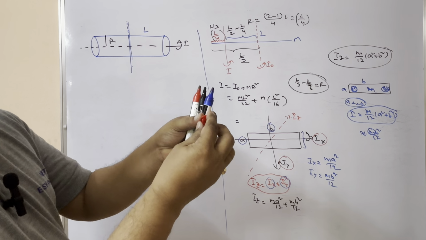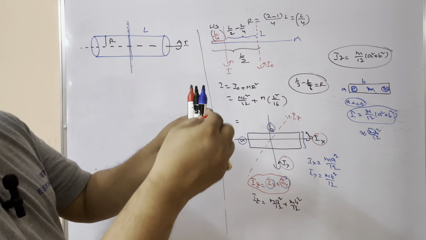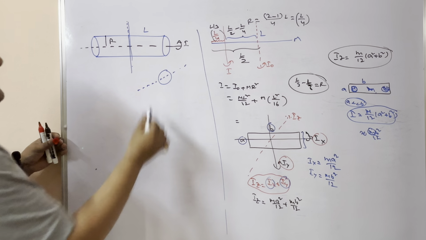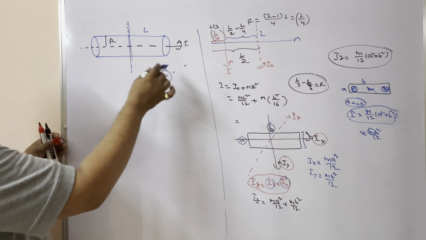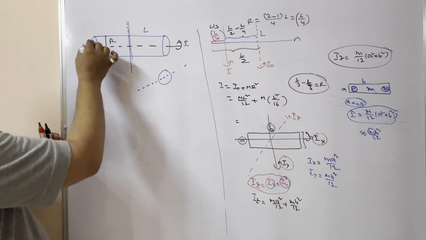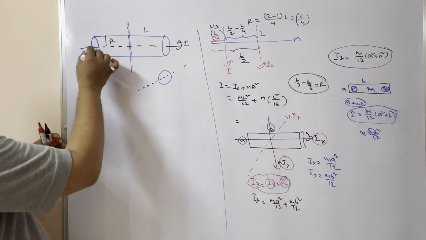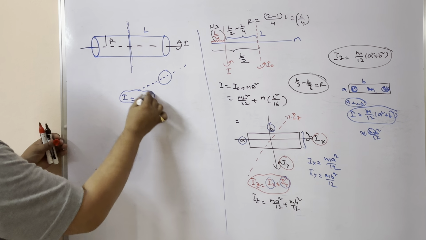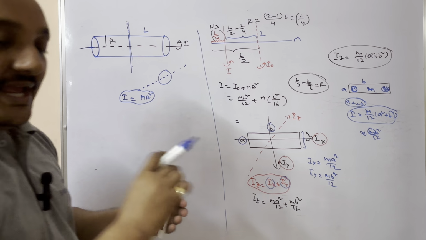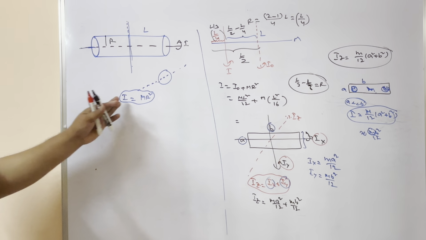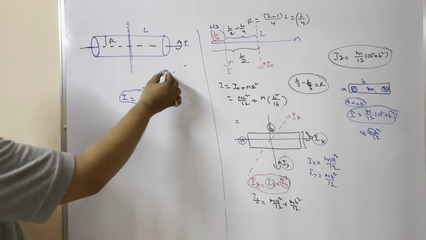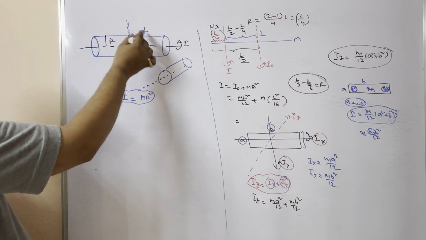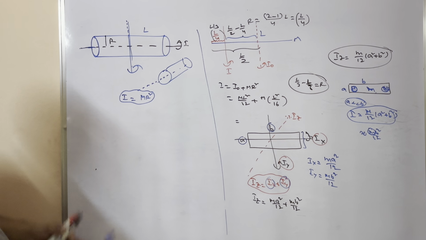If it is rotating like this, it will be visible to you like a ring. So for a ring, this axis is passing through its center perpendicular to its plane. Therefore, this is acting like a ring. This axis is equal to this. Therefore, about its own axis, m r square. For a hollow cylinder, moment of inertia about its own axis is m r square because it will be visible like a ring.